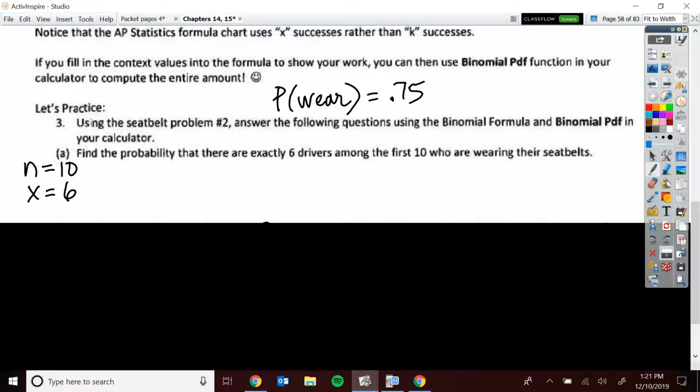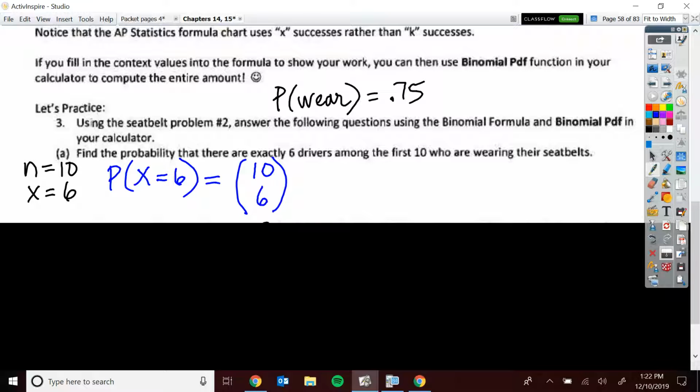I start off saying what I'm finding: the probability that I have exactly 6 successes. Now, what's the next part in the formula? The combinations, N choose X successes. So you just write 10 choose 6, no fraction line.